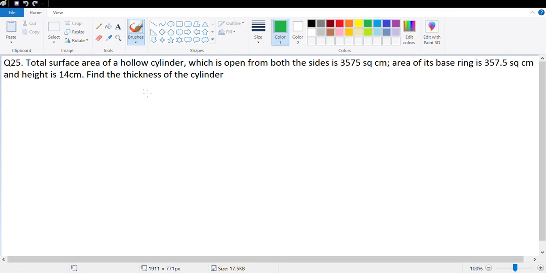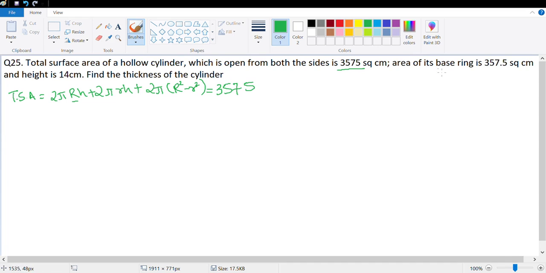The total surface area of a hollow cylinder which is open from both sides is given as 3575. So the total surface area is given by the formula 2 pi RH plus 2 pi rh plus 2 pi (R square minus r square), where capital R is the radius of the external cylinder and small r is the radius of the internal cylinder, and this is equal to 3575.